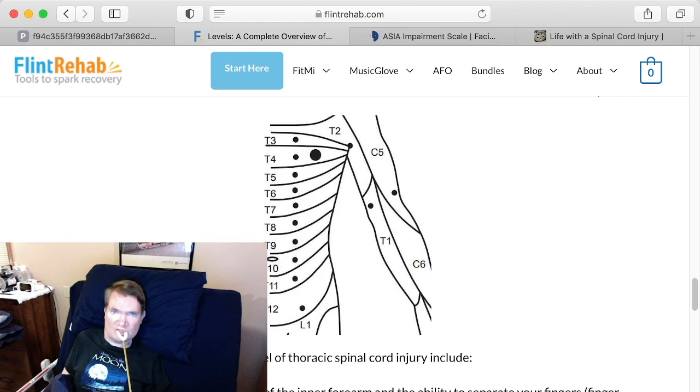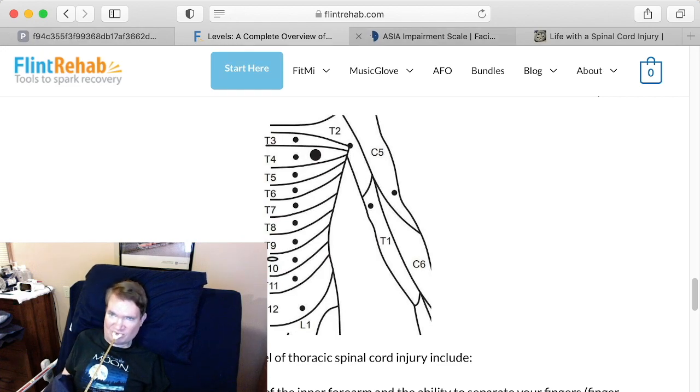However, because of these items and being able to feel down to about the top inch of my chest, I've been told that I am an incomplete injury. I have feeling down to about C4. So my diagnosis so far is C2-3, incomplete quadriplegic, and the last item we'll look at is the Asia scale.